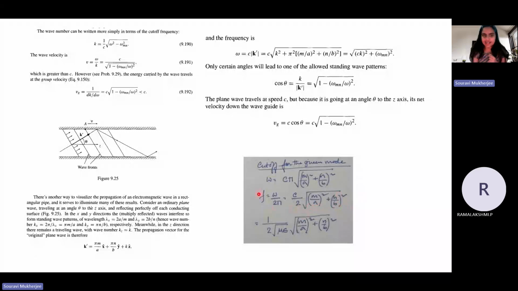For the first case, you have A equal to 2B. For TE02, M equal to 0, N equal to 2 gives you the value of B. Once you know B, you can find A using this relation. Then for the next part of the question, you put M and N both equal to 1. That would give you the frequency for the TM11 mode.